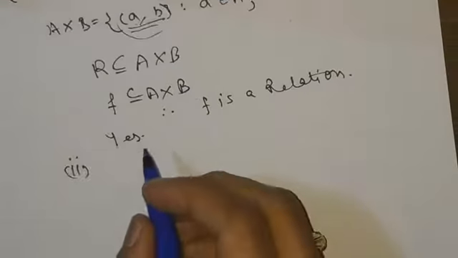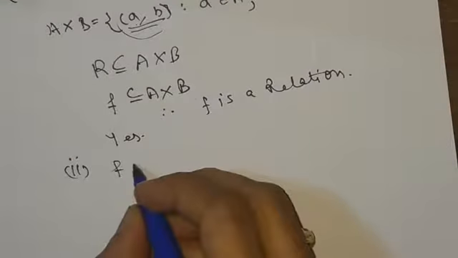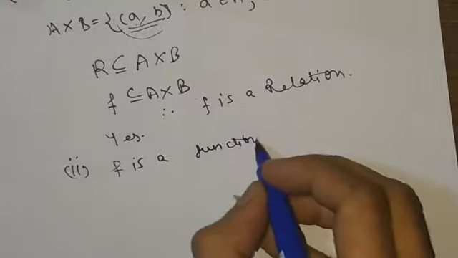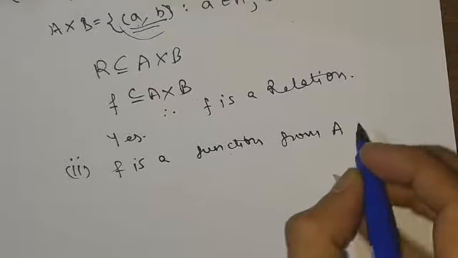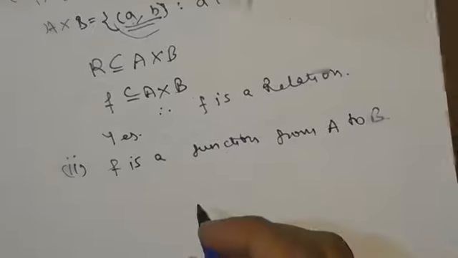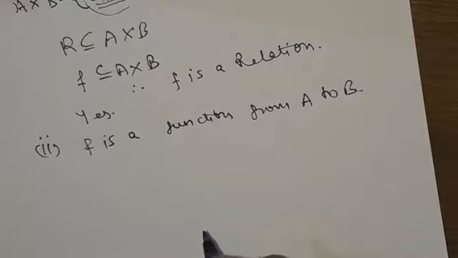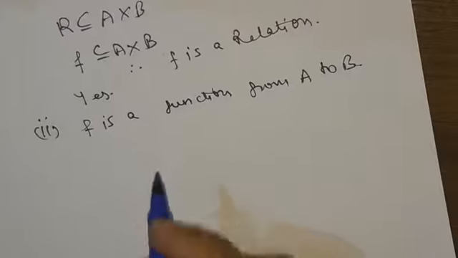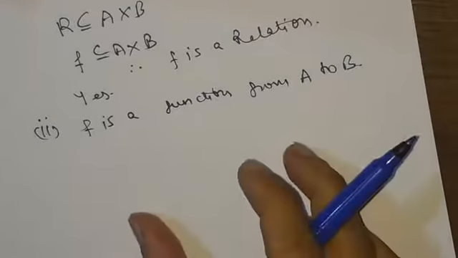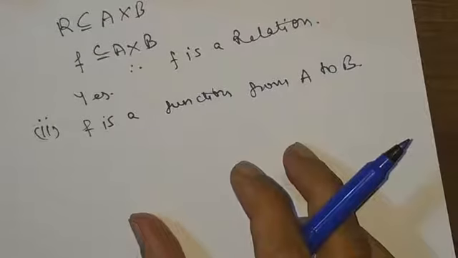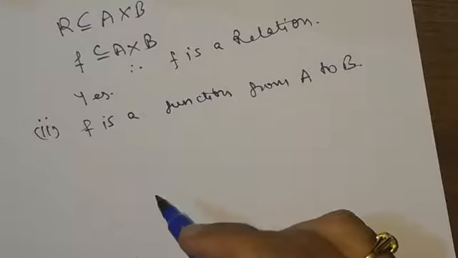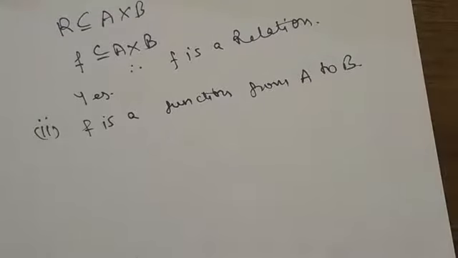Now let us look at the second statement. The second statement is, F is a function from A to B. Now what is a function? A function is a special kind of relation in which no two ordered pairs having the same first element have two different second elements.